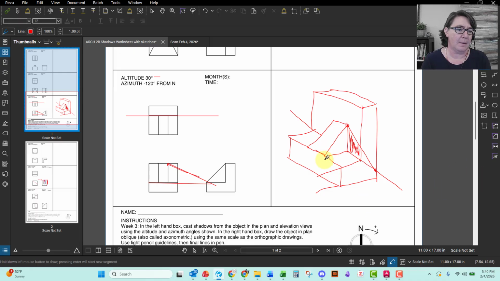Now in the plan view, this angle is not actually going to be our azimuth angle because it's the cast shadow of this angular piece. It's not straight. If it were a straight piece right here, then absolutely we could get that azimuth angle, but it's not. So instead, and I'm going to change colors here, we pretend to extend down to the ground.